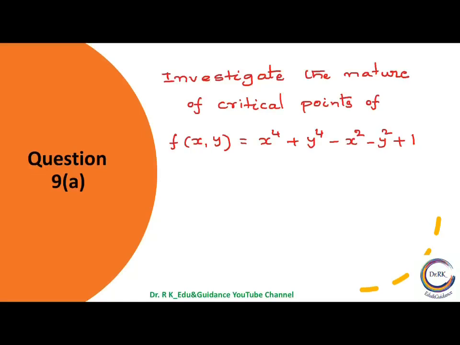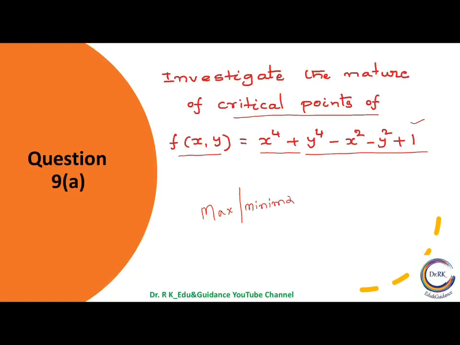Next, investigate the nature of critical points of the function f of x, y equals x power 4 plus y power 4 minus x square minus y square plus 1. Nature means here we have to discuss the maxima or minima.